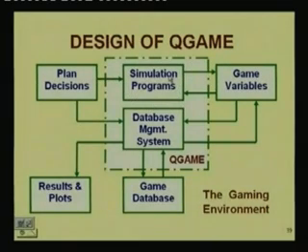After the execution is done, the results obtained through the game variables are used by the database management system, which updates them in terms of results and plots. These results and plots are viewed by the participants, and accordingly they enter their next planned decision.